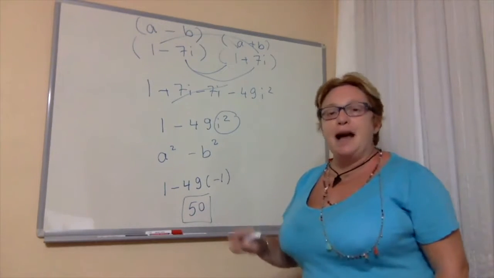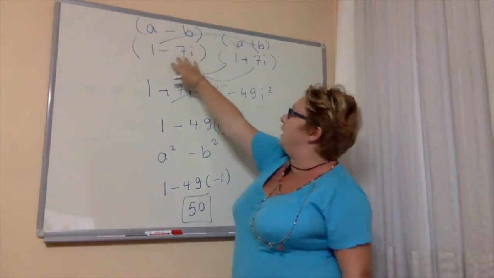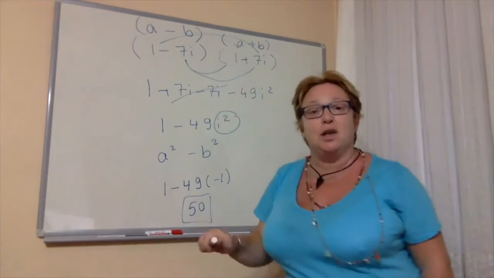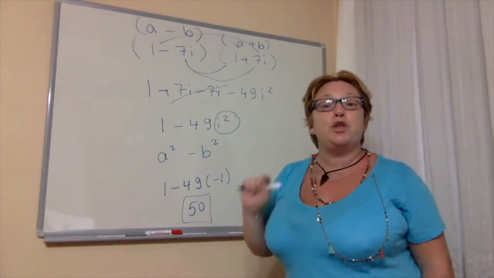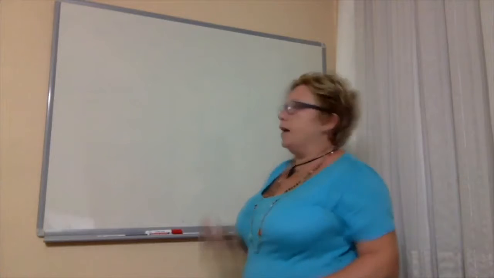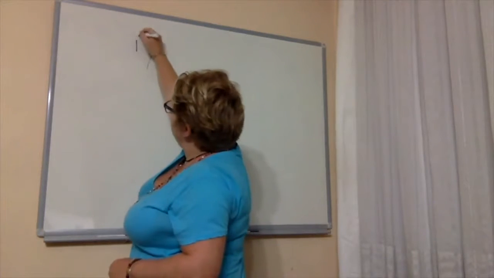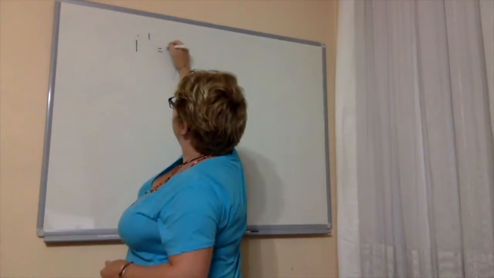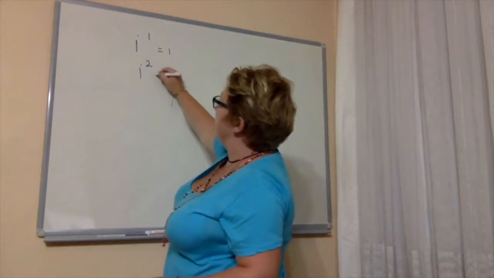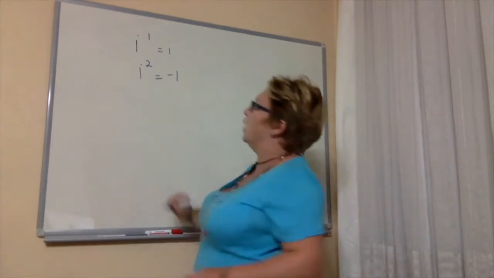Now this idea of multiplying with the conjugate to make the i terms cancel is something we are going to do in division. Let's now look at powers of i. As you know, i to the first power is simply i. Then i squared, we've already seen by definition, is negative 1.